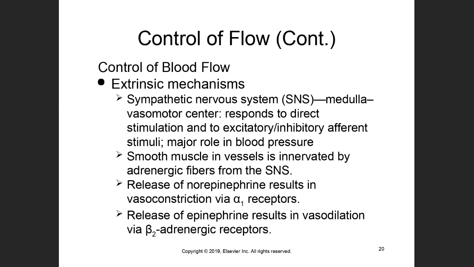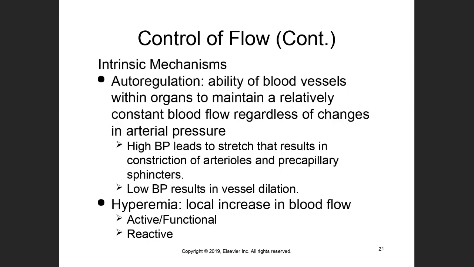Release of norepinephrine, of course, produces vasoconstriction. And release of epinephrine produces vasodilation via the beta-2 adrenergic receptor. Intrinsic mechanism, autoregulation: the ability of blood vessels within organs to maintain a relatively constant blood flow despite changes in arterial pressure.